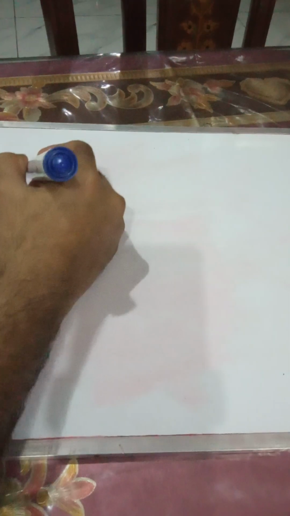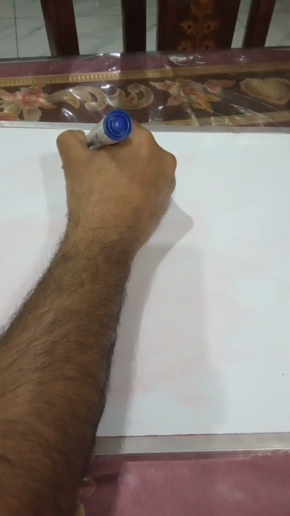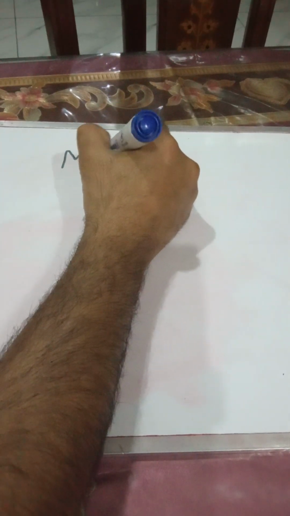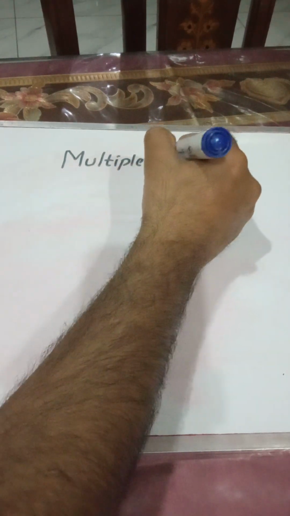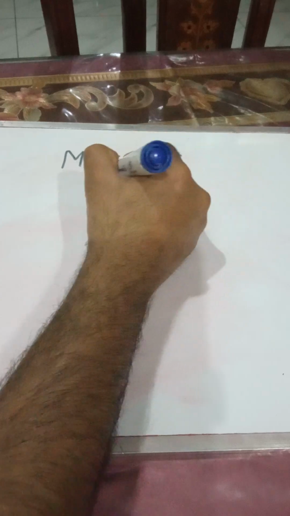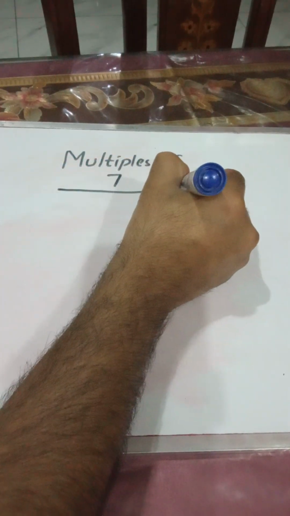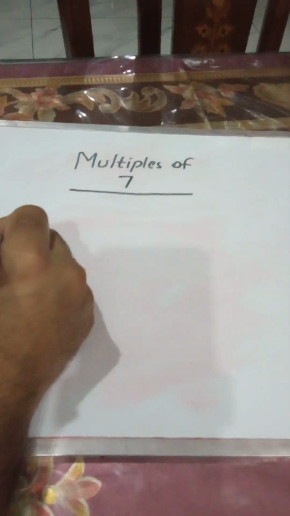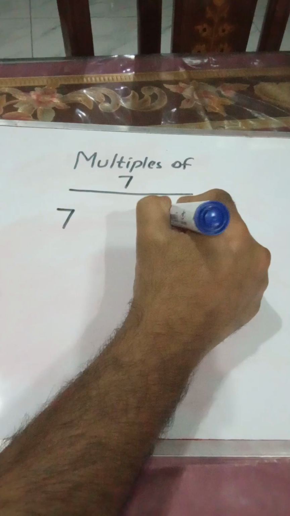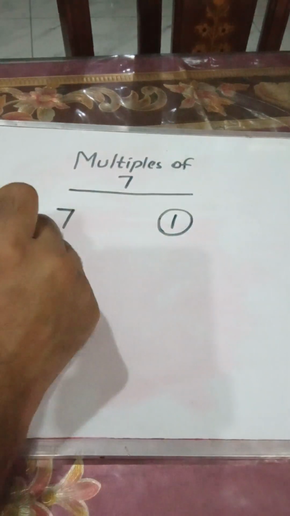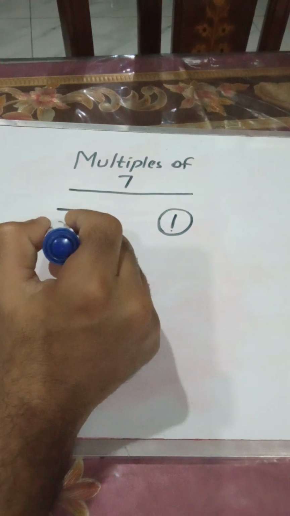Multiples of 7. Now, as we know very well, the first multiple of 7 is 7. 7 one time is equal to 7.